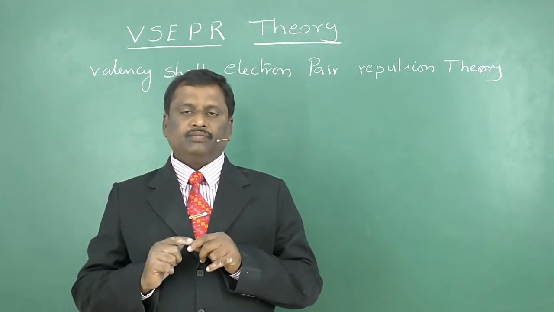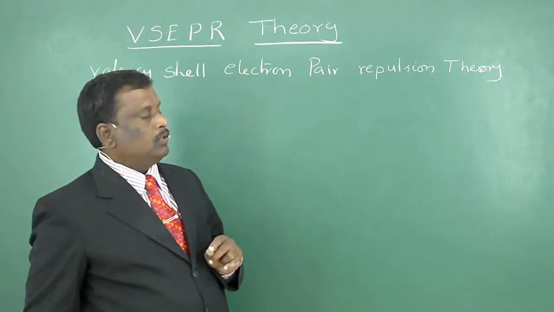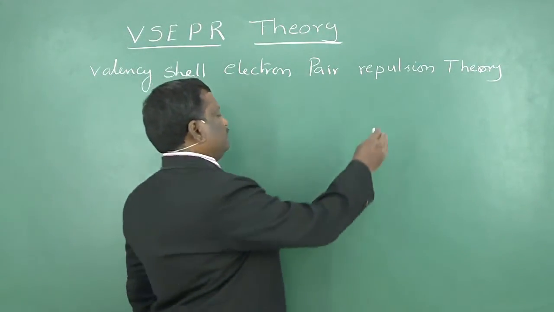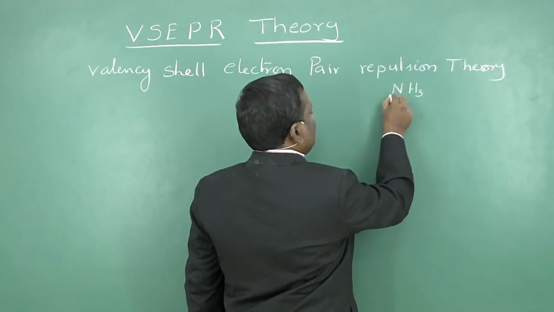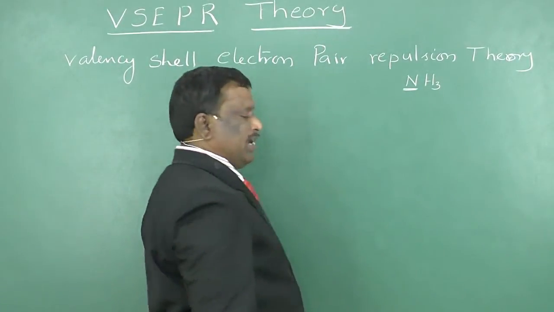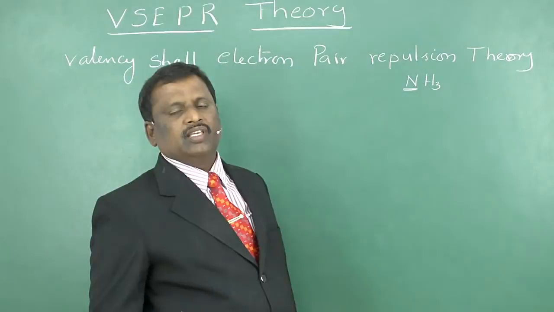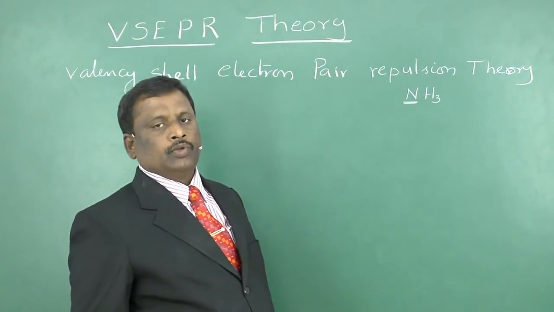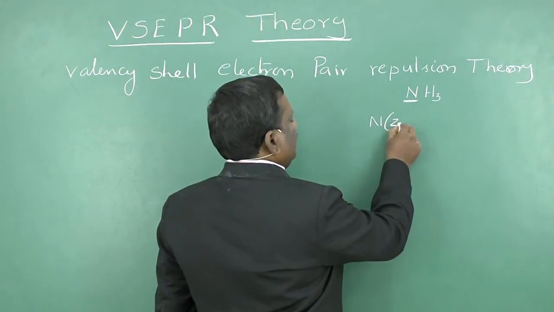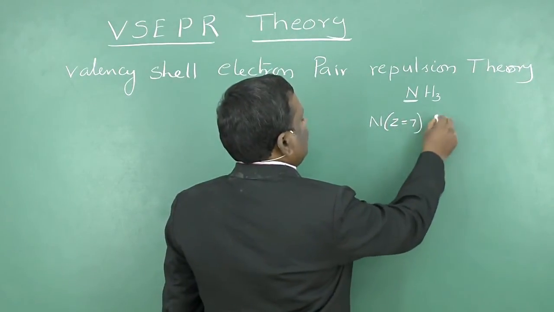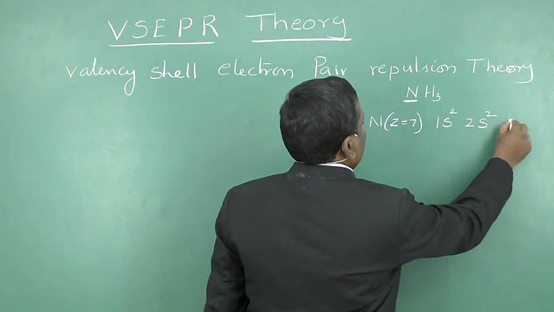For example, take the structure of NH3. In NH3, according to this formula, the central atom is nitrogen, the atom connected to the other atoms. The atomic number of nitrogen is 7, so its electronic configuration is 1s2, 2s2, 2p3.